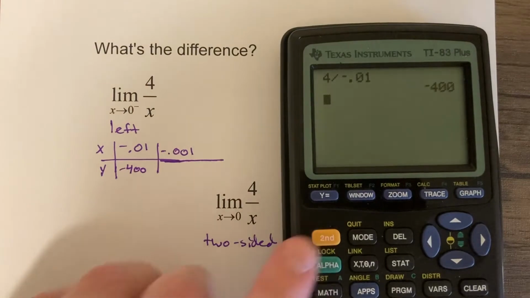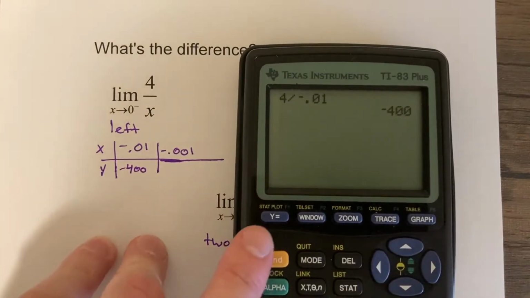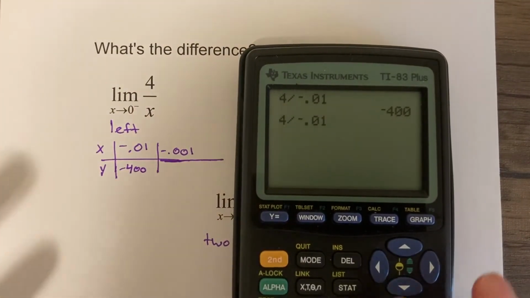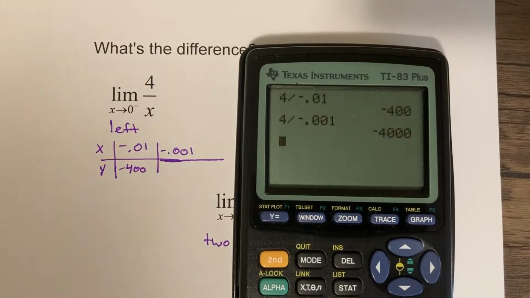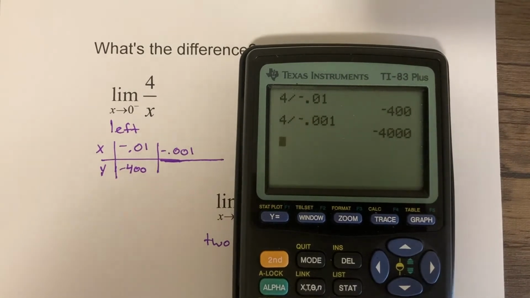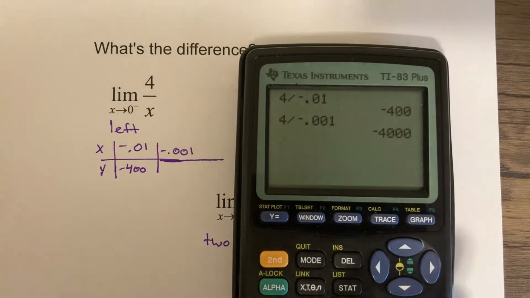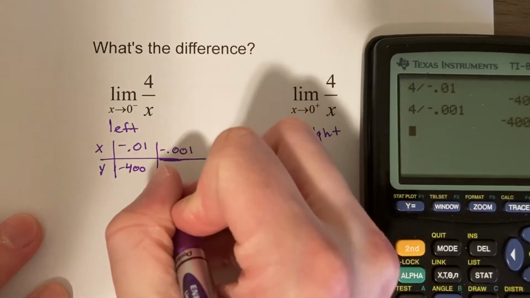If we increase the number of zeros on that decimal, it increases the number of zeros in our answer. If we're dividing by an even smaller number, we're going to get an even larger answer. I say larger, meaning further away from zero. Technically, we're getting smaller if we're heading in the negatives, but further away from zero. So negative 4,000 is the next value.